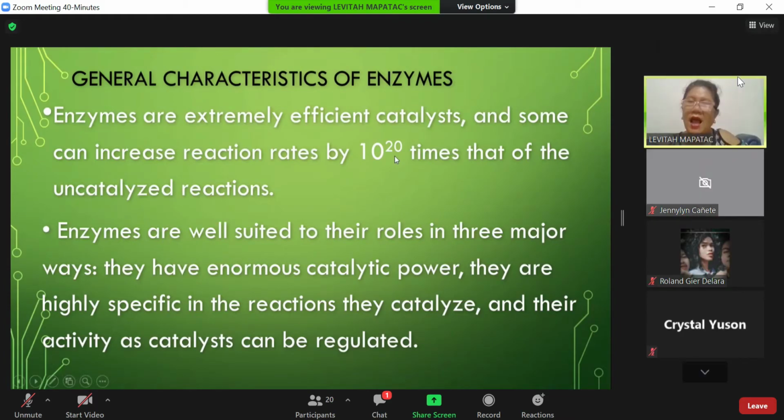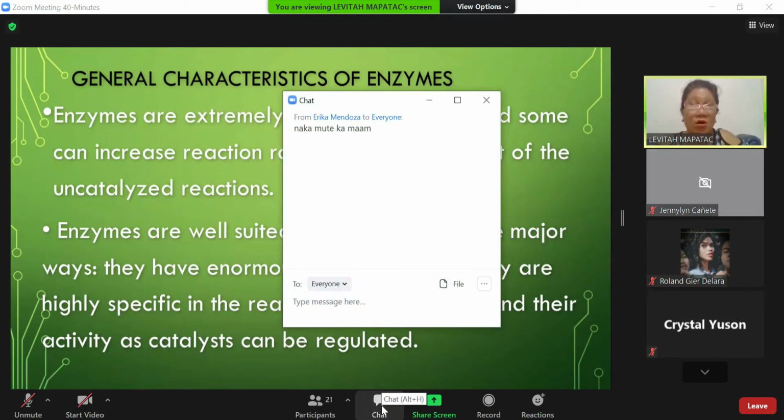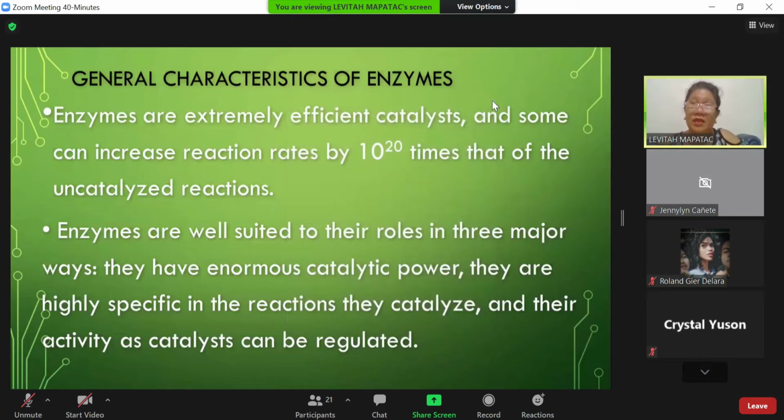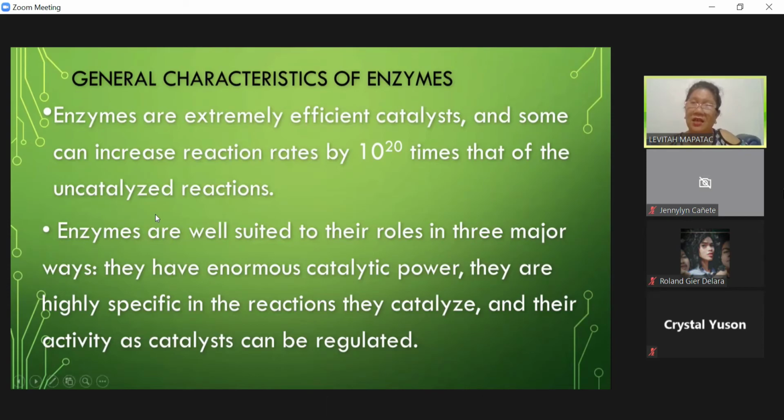So, that is how important enzymes are. Why? Because this will hasten all reactions. If you compare the uncatalyzed reaction to the catalyzed reaction, it is 10 raised to the 20 times. It is very fast, no? Because of the catalyst, which is an enzyme.